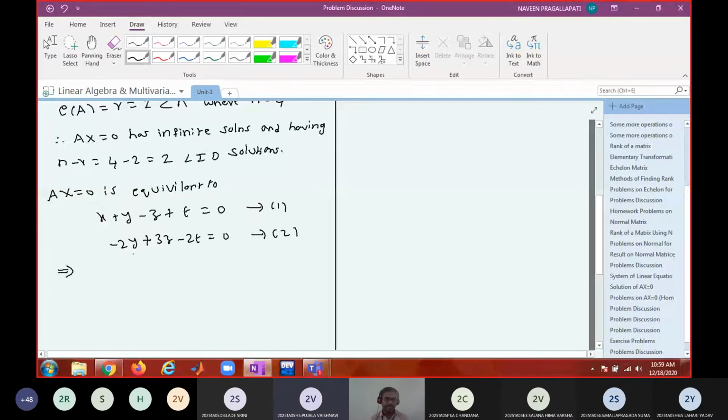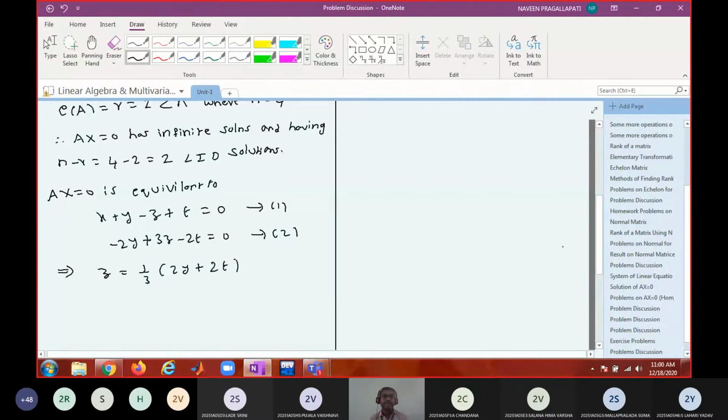Z in terms of y and t, because the y and t coefficients are the same, so that I can assign arbitrary constants. If I write z, that will be 1 by 3 times 2y plus 2t.